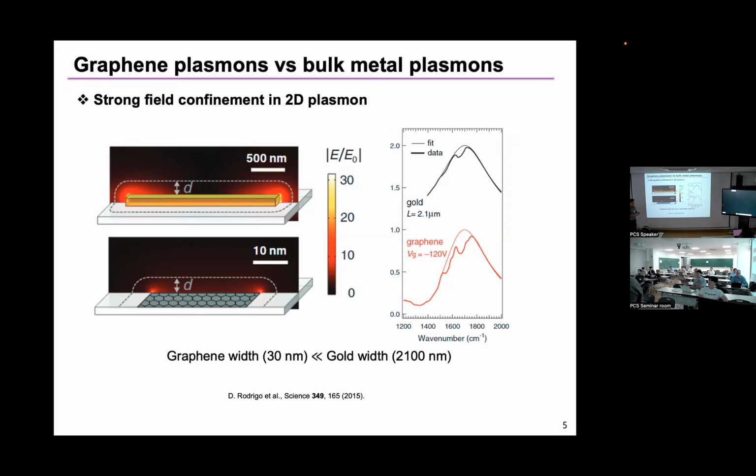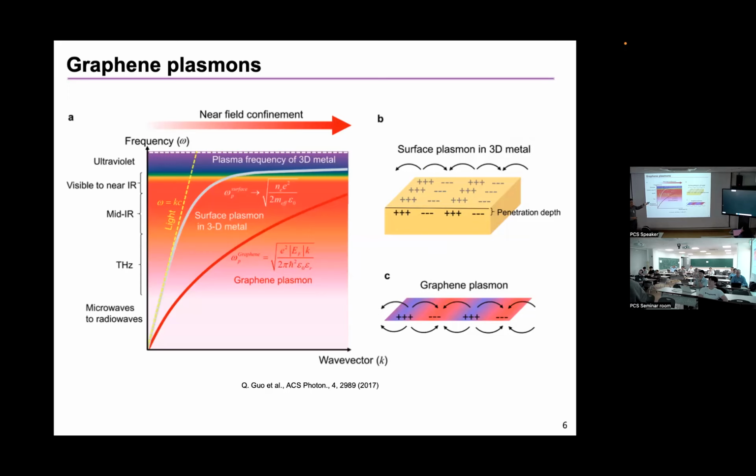But there is one issue. This shows the dispersion relation of the surface plasmon polaritons of the noble metal structure and the graphene structure. As you can see, the plasma frequency of the noble metal goes to the visible region. But if we use a 2D material, for example graphene, it cannot go up to the SWIR, near-IR, and visible regions due to the very low electron density.